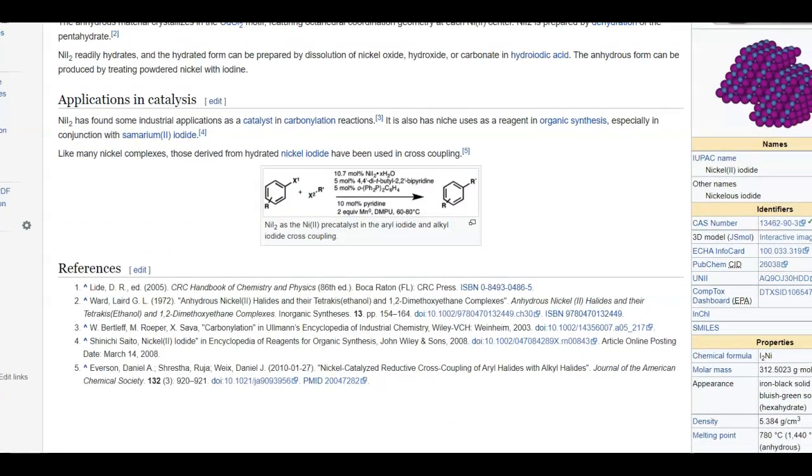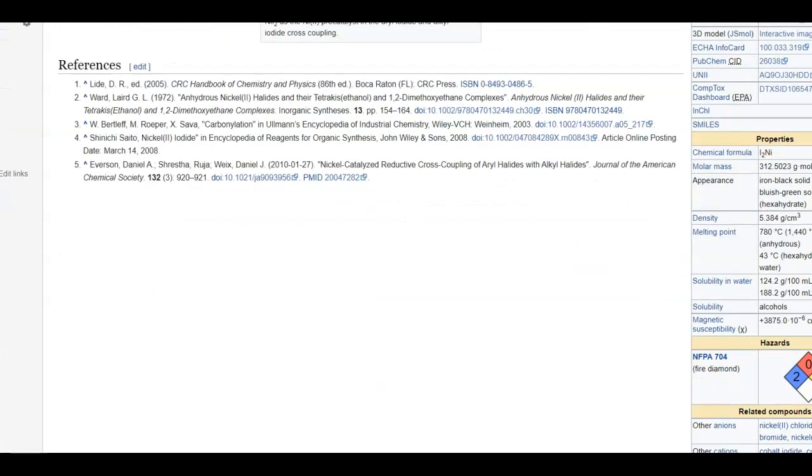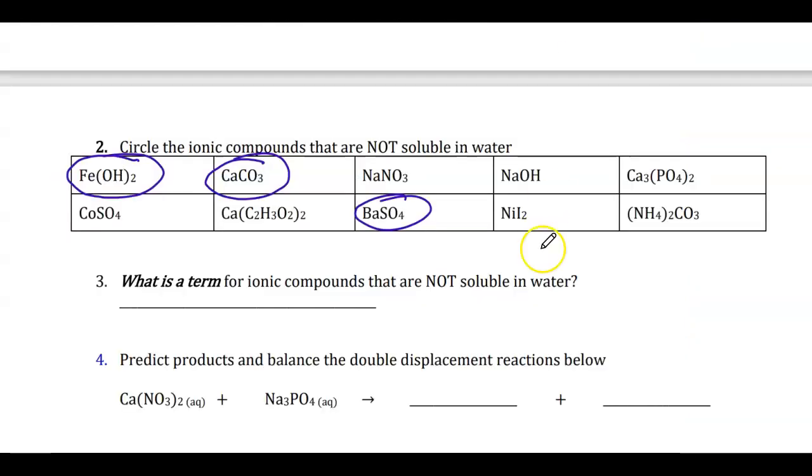And Wikipedia shows us solubility in water, and you can see pretty much soluble, right? So over 100 grams can be soluble in 100 milliliters of water. So yeah, very much soluble. Okay, so they are soluble.